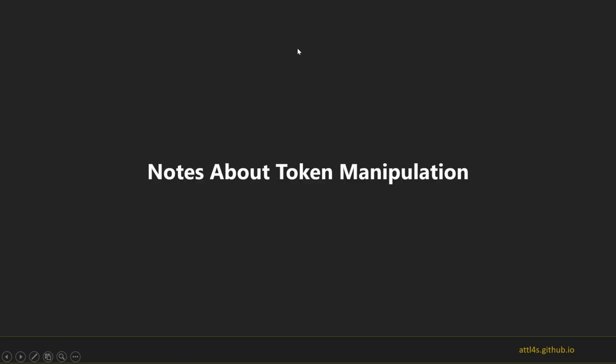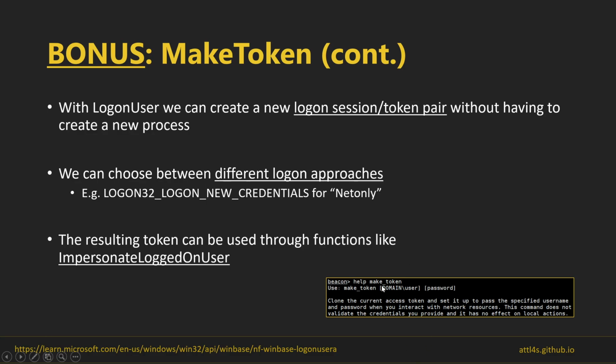So the thing here is we can use this function to create a new logon session and a token, and then impersonate the created token without creating any new process, and then we will acquire the security context just with that. And that is exactly what make token does. Clone the current access token and set it up to pass the specified username and password when you interact with network resources. This command does not validate the credentials you provide, and it has no effect on local actions.